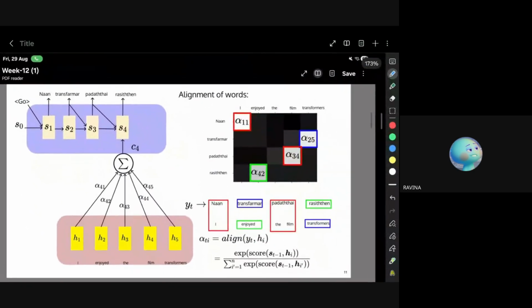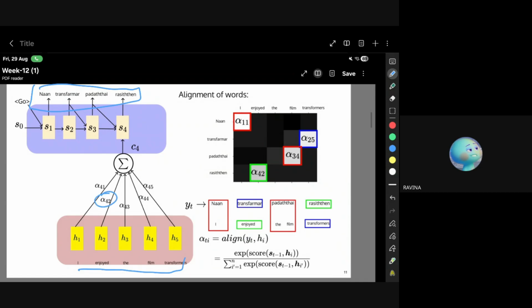Now, what you can do is put all of this attention, or whatever alpha score you get, into a matrix form. This is another example: "I enjoyed the film Transformer", and this is a Tamil translation of that. In this case, let's say alpha 4,2, right?